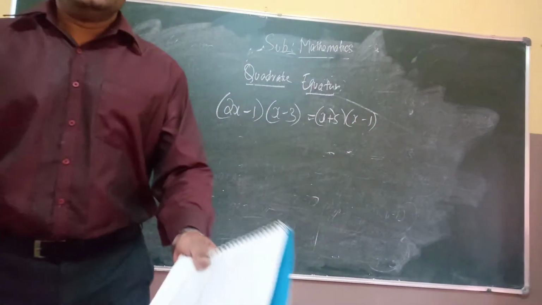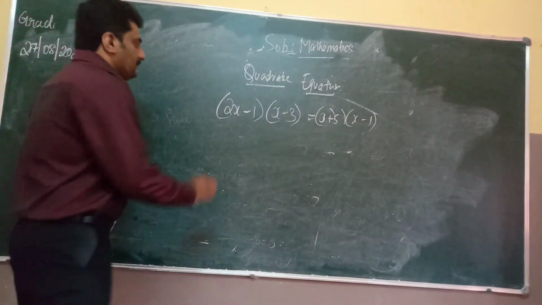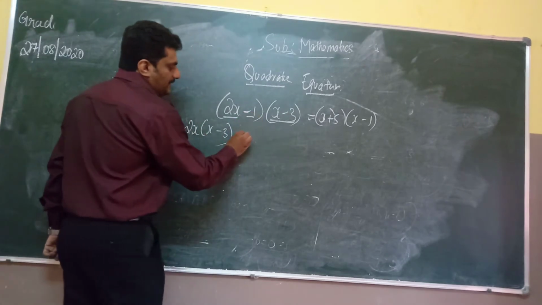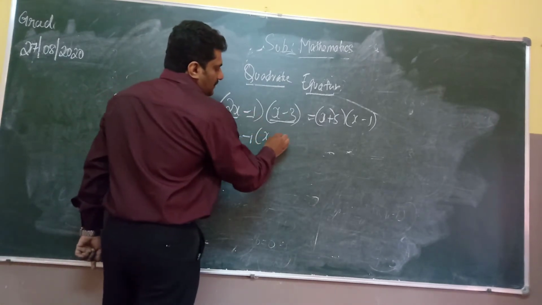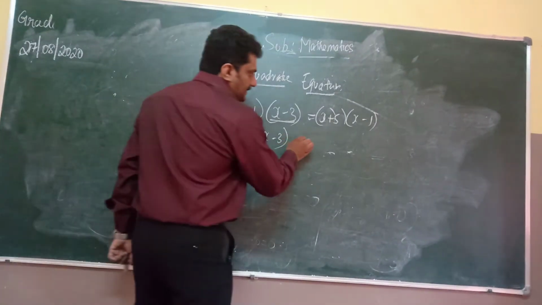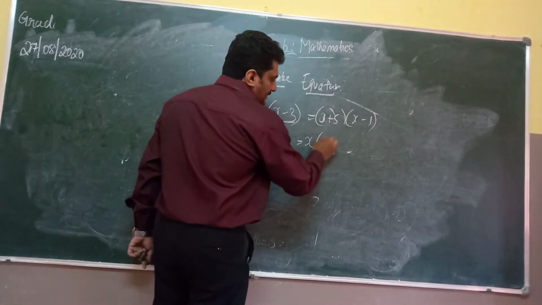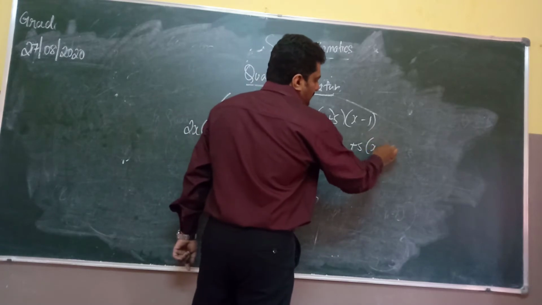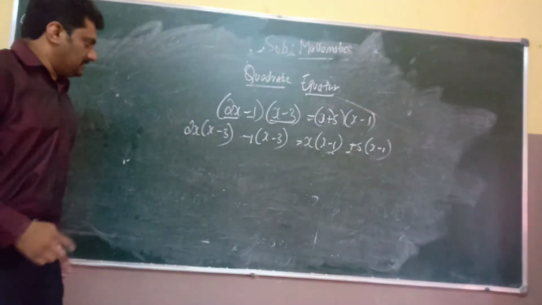Okay, how do we simplify this? First you are multiplying 2x with these two, 2x times x minus 3, and then this minus 1 with these two, is equal to, similarly, x times x minus 1 plus 5 times x minus 1. Done with this?